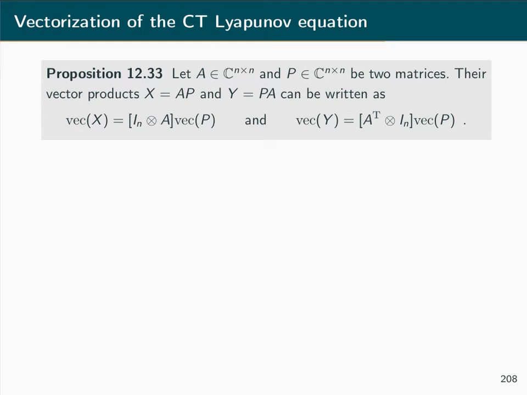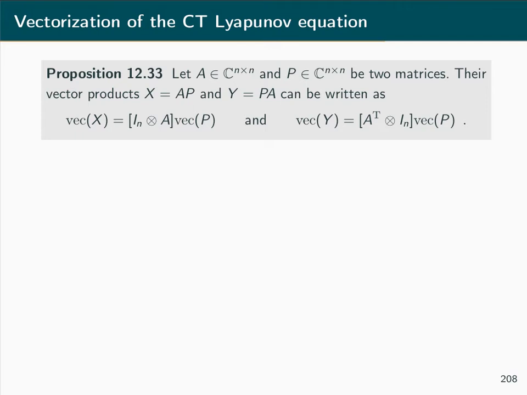Then we formulate proposition 12.33, which states that if A and P are two n by n matrices, their products AP, which we define as X, and PA, which we define as Y, can also be written as follows.